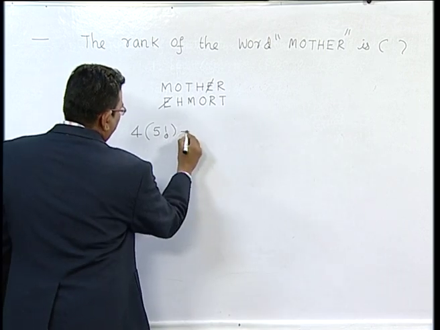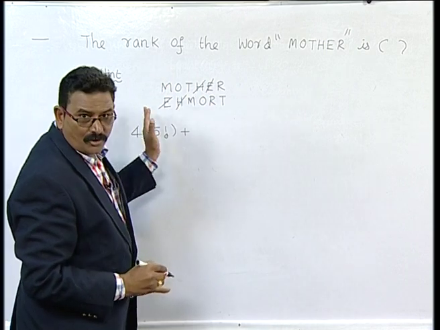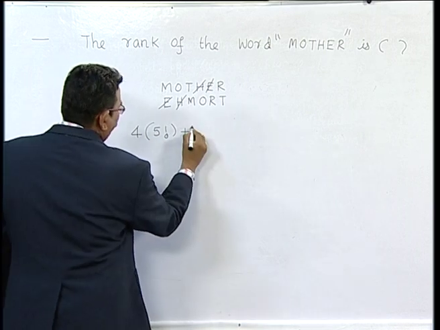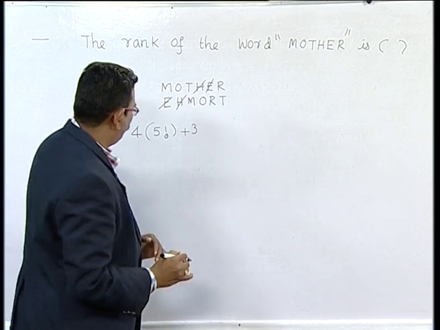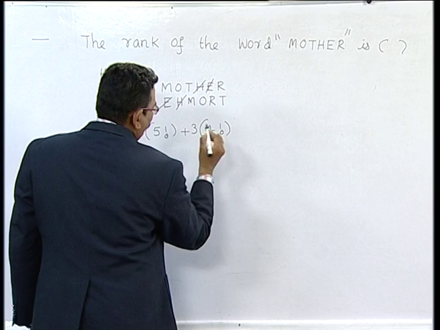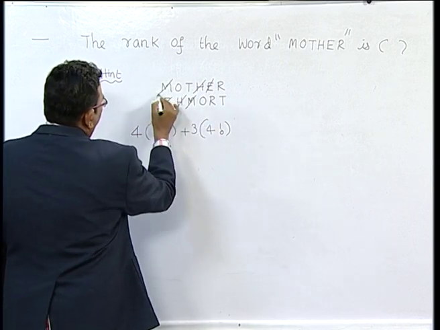Plus next H, cut it. Before H, how many letters are left? 3 letters. So, first write down 3. After E and H, how many letters are there? 4. So, write down 4 factorial. Now, we require M. M gets cancelled.